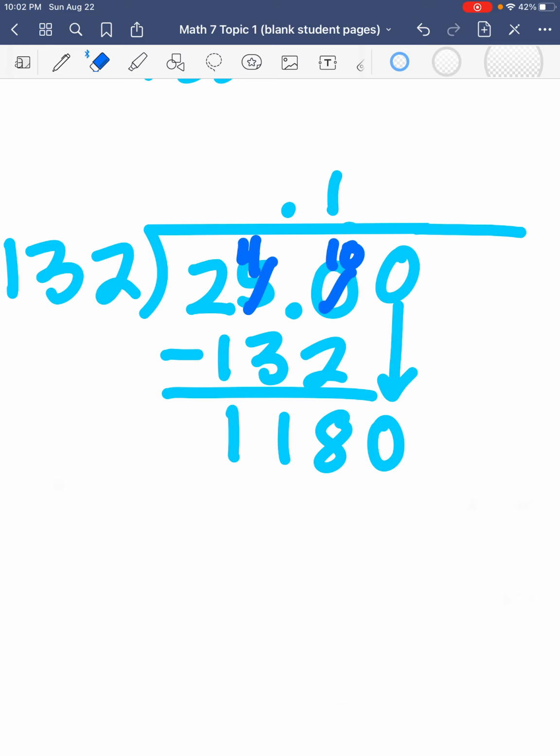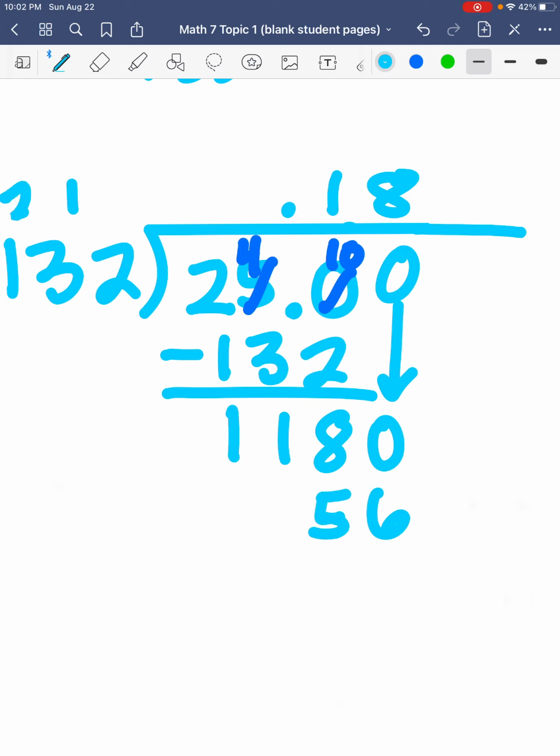So I want to try 8 and see if 8 works. 2 times 8 is 16. 8 times 3 is 24, plus 1 is 25. 8 times 1 is 8, plus 2 is 10. So I get 1,056.